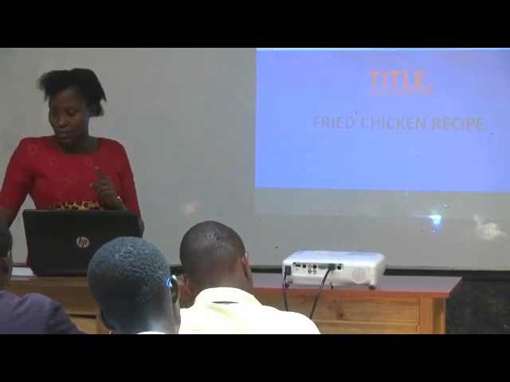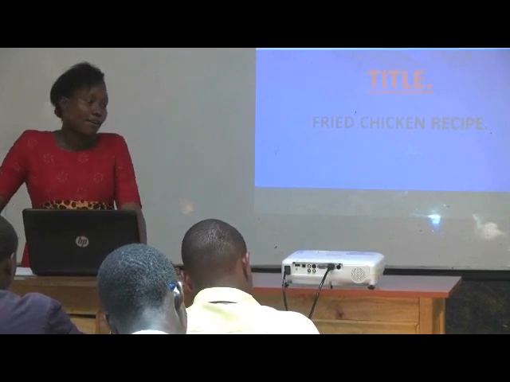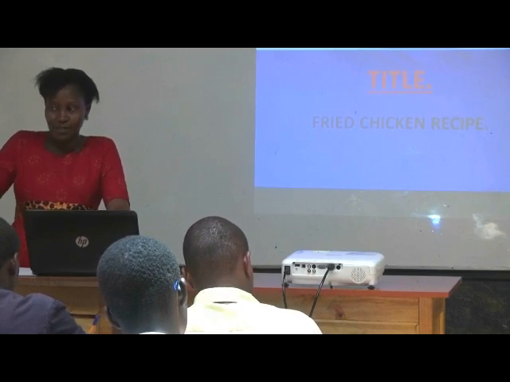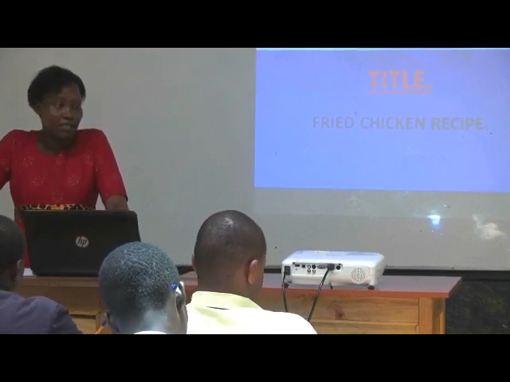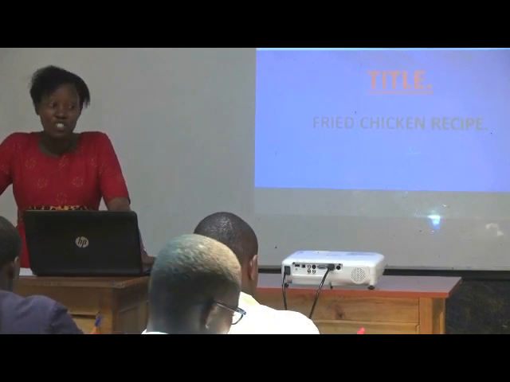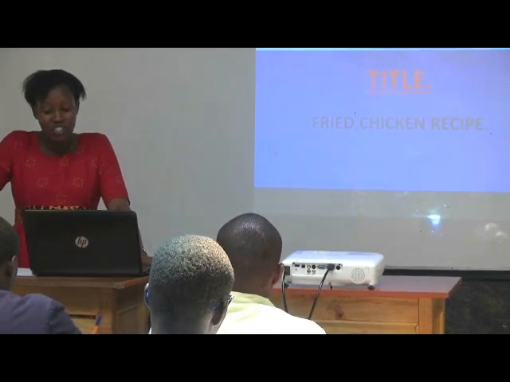The title of your recipe. For example, it can be fried chicken recipe. When you're writing a recipe, there must be a title. That is the title of the food dish that you are planning to prepare. Fried chicken recipe, that is an example.